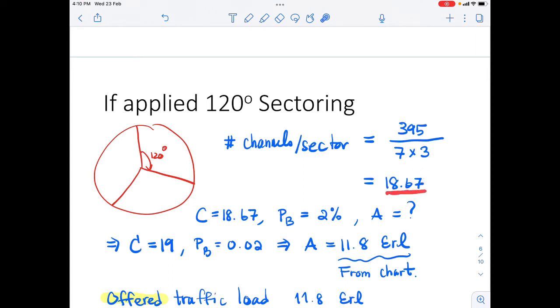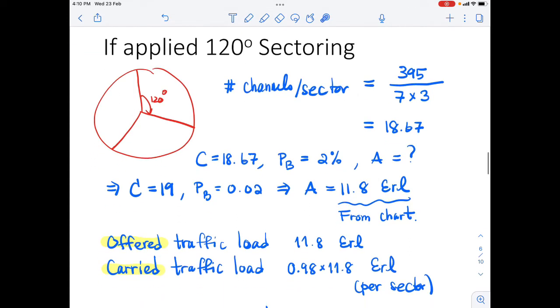Again, it's not a whole number because it's an average. So one sector might have 18 channels, and then 2 sectors will be allotted 19 channels, for example. So the number of channels is 18.67, and again the blocking probability is fixed at 2%.